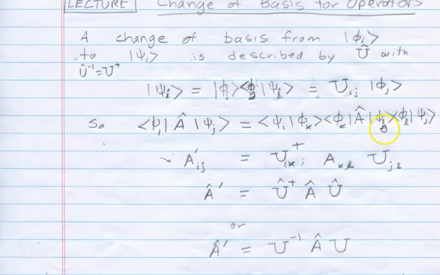It's A_kl, but again I got a matrix for it, and this without the prime I would call that on the phi basis. And then these two quantities, well, if you go back and look, these are just U_jl, and over here U_ik dagger.